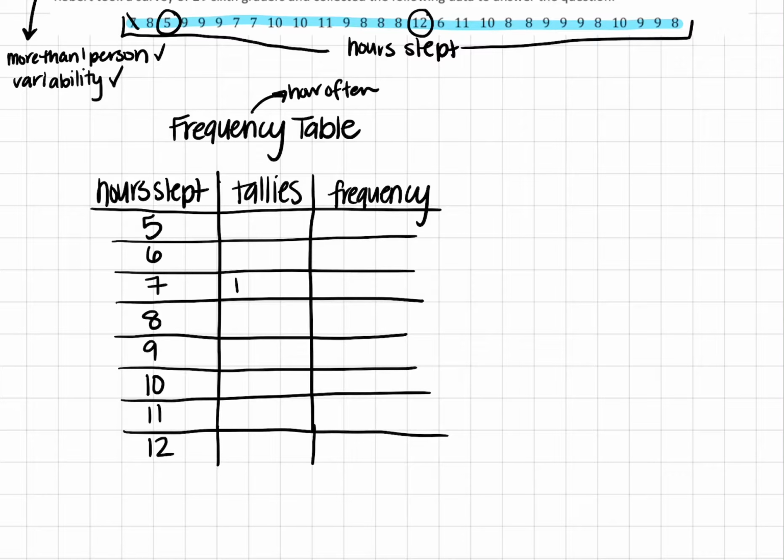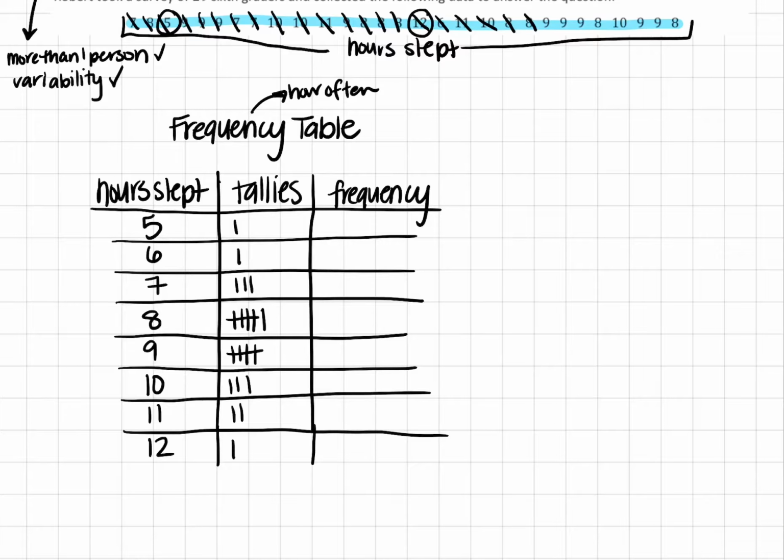Now I see 8, 5, 3 9s, 1, 2, 3, 2 more 7s, 2 10s, an 11, another 9, 3 8s, 1, 2, 3, a 12, a 6, another 11, another 10, 2 more 8s. Remember, when I get to 5, that 5th tally goes across.